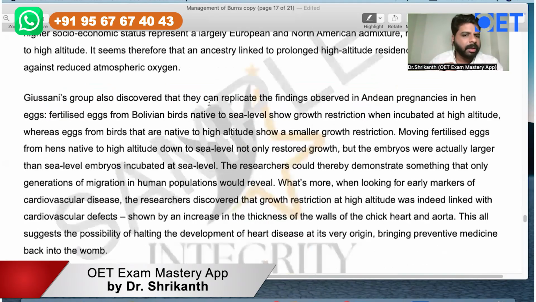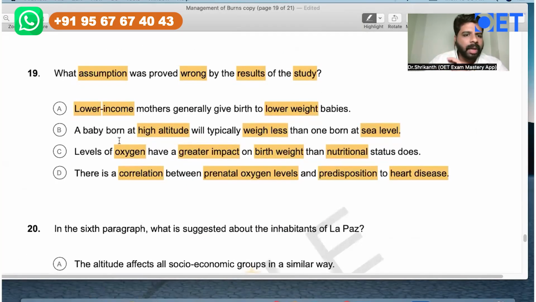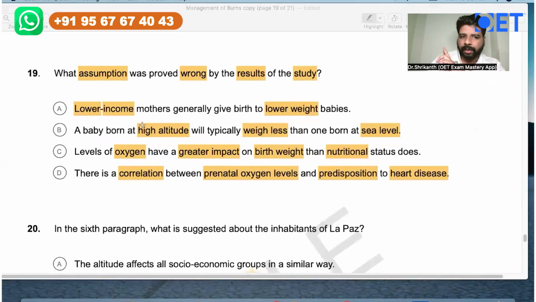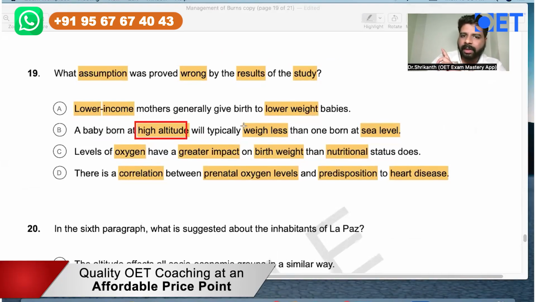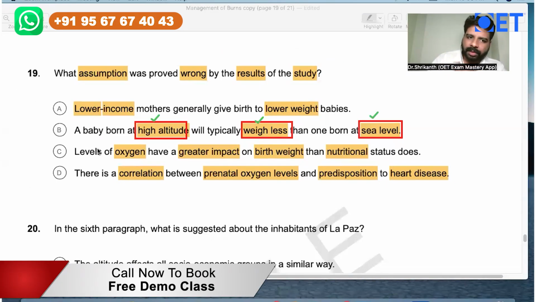High altitude babies. Now, what did we read in one of the answer options over here? A baby born at high altitude will typically weigh less than one born at sea level. This is exactly what is mentioned in the first sentence. Each and every keyword, even the verbs, is mentioned. But what is the question asking you?